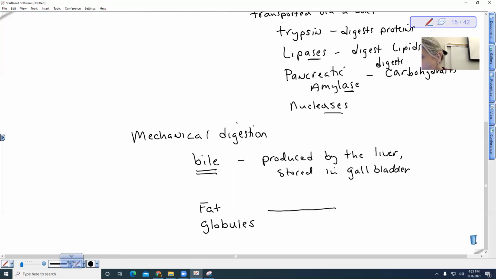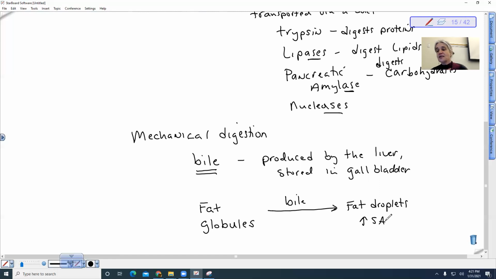And bile breaks those down into fat droplets. This increases their surface area, right? So then the lipases can bind and break it down into fatty acids and glycerol, which then can be absorbed through your intestinal wall and go into your body.